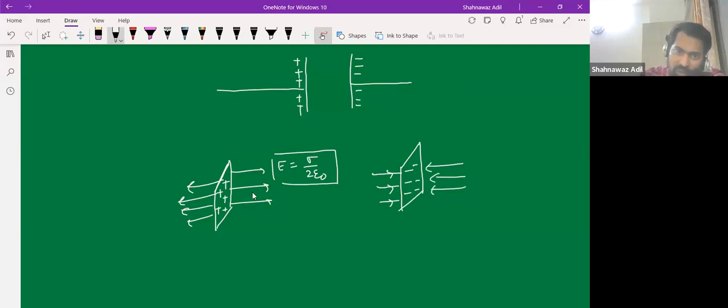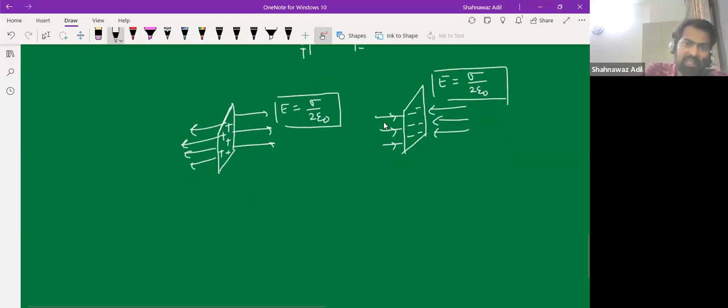For the case of positive, the electric fields are going outwards; for the case of negative, the electric fields are coming inwards. So this we have to remember. And electric field is a vector quantity, so they will add like vectors. Now we have to find out what would be the electric field inside the capacitor.